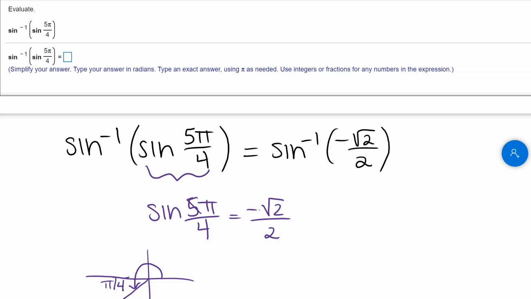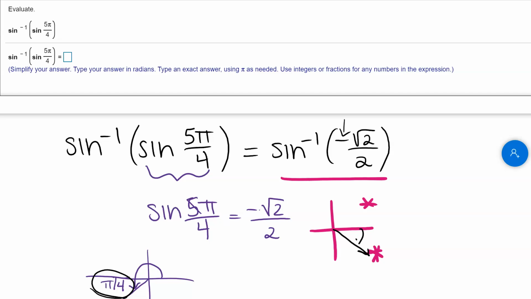So see how I'm breaking this problem down into its parts? Now I'm taking the sine inverse of a negative root 2 over 2. I know sine inverse spits out angles in the first and the fourth quadrant, or between negative pi over 2 and pi over 2. I know my reference angle must be pi over 4. I know it's negative, so I'm going to be in the fourth quadrant.